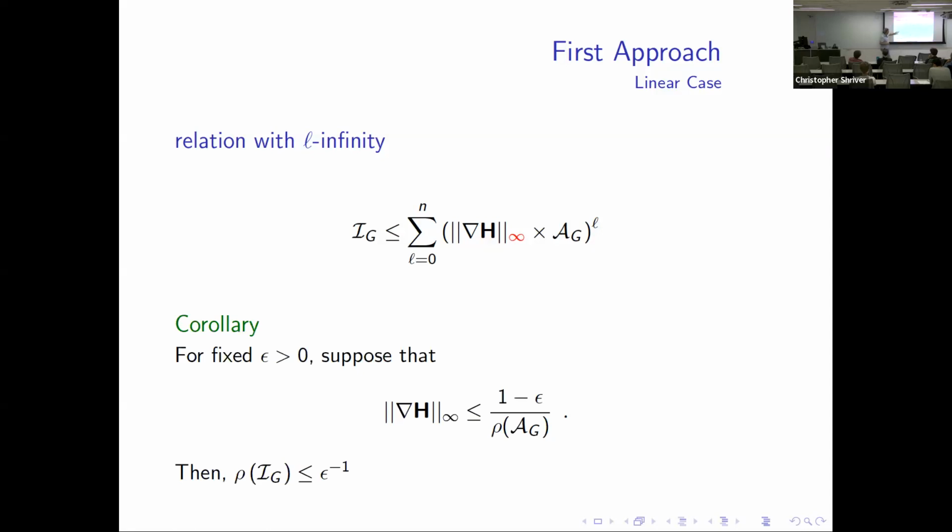But if you are willing to believe this, then we have a very nice phenomenon, which is actually quite elementary: if your gradient of H has infinity norm at most 1 minus epsilon over rho, the spectral radius of the adjacency matrix, for any fixed epsilon, then from this relation you immediately get that the spectral radius is at most epsilon to the minus 1, which is a bounded number.